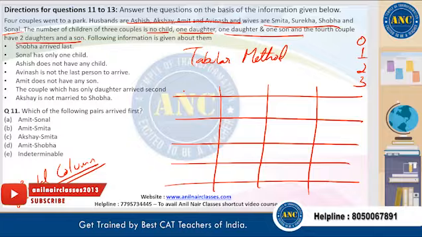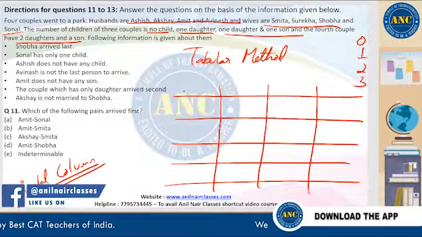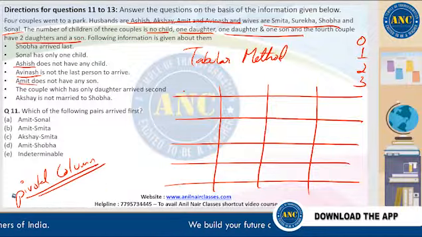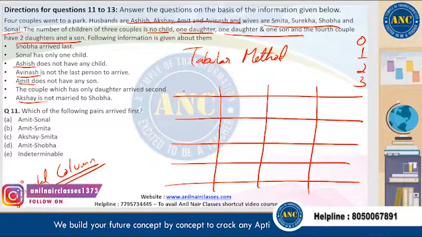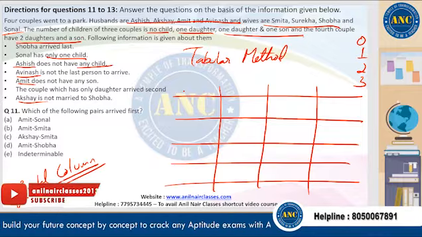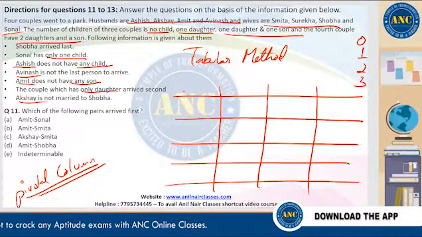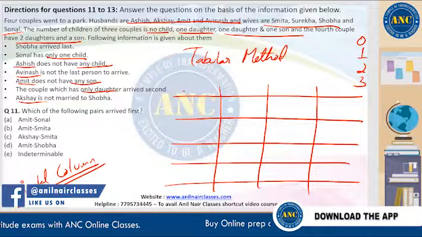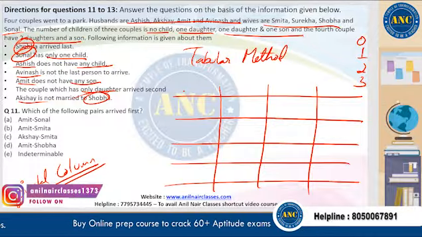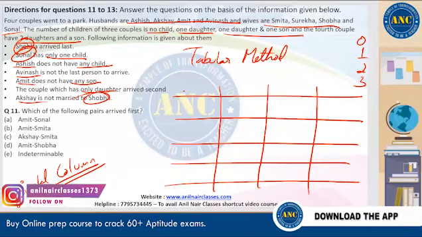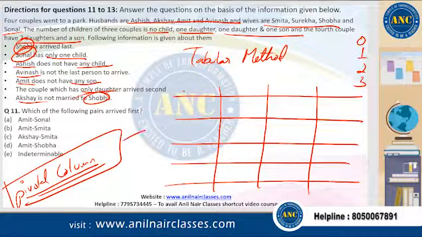You'll notice that the names of husbands appear in more clues, and the number of children is noticed in more clues than the name of the wife. Then the order of arrival, which means the pivotal column, the one that we are harping on, is important.